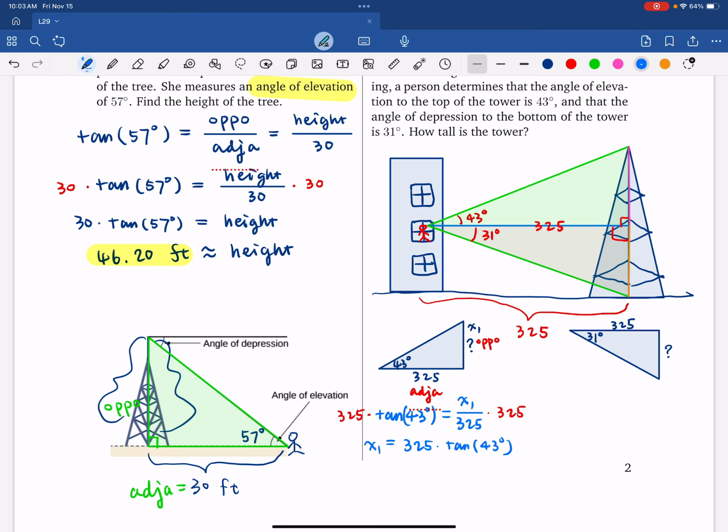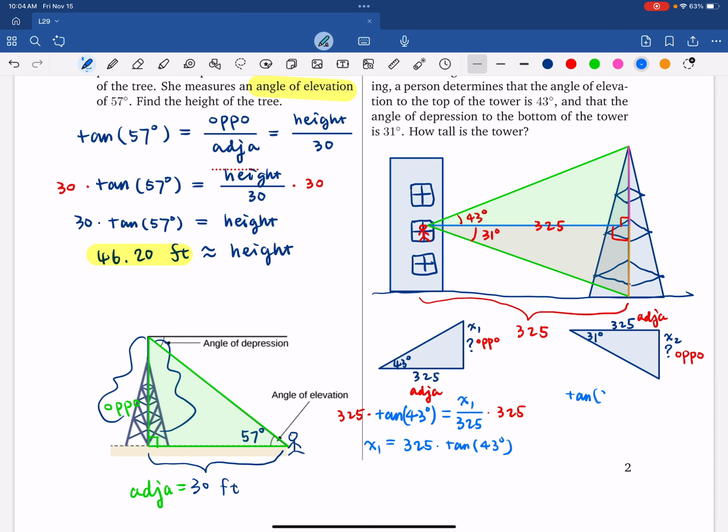Let's look at the second right triangle. It's going to be very similar. I'm going to define this question mark as our x2, and then write down the labels. Looking at 31 degrees, x2 is the opposite, and 325 is the adjacent. The trig function that involves those two sides is again tangent.